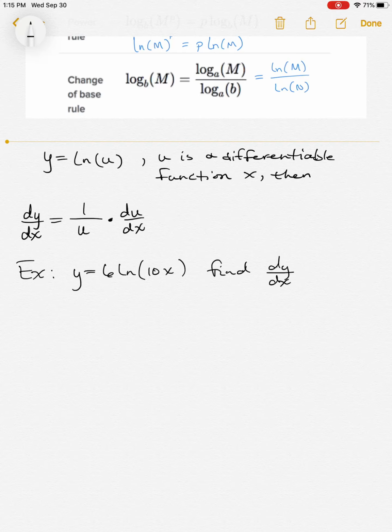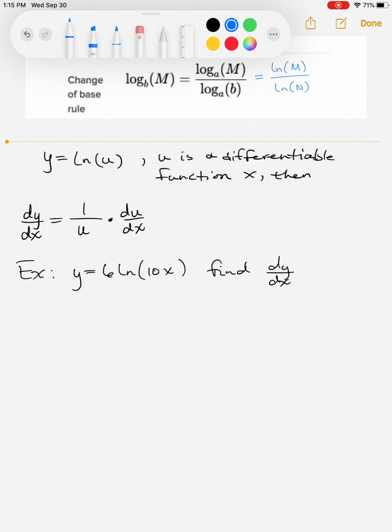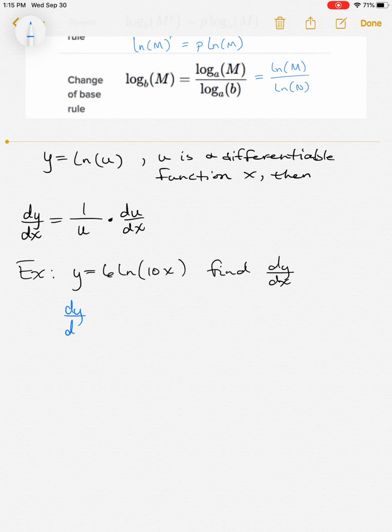So going ahead and getting real mathy with it, we have dy/dx equal 6 times the derivative of the natural log portion. That's 1 over whatever is inside that parenthesis. Then the chain rule, which is times the derivative of what's inside the parenthesis. It's just 10. Final answer, 6 over x. I know, too easy. Way too easy. Slow the video down and try it again for yourself.